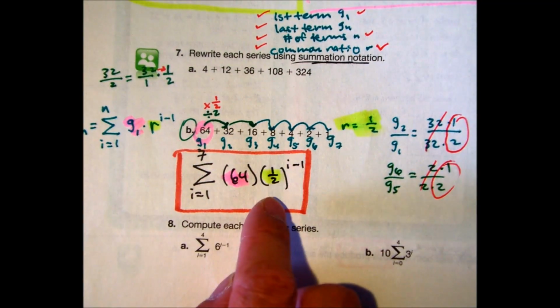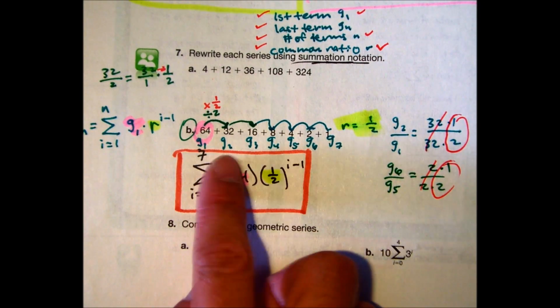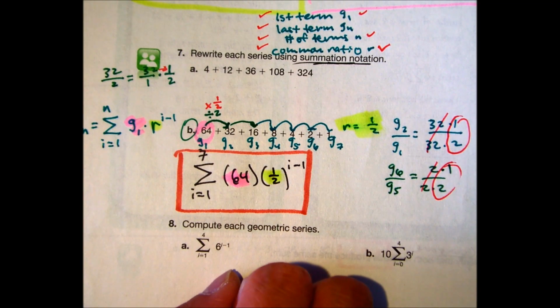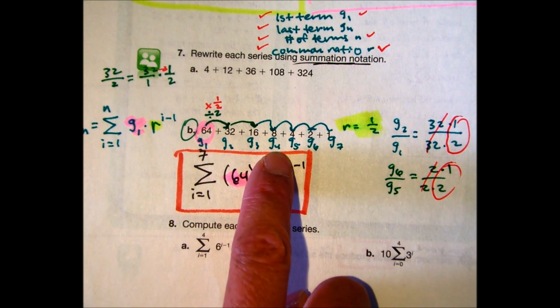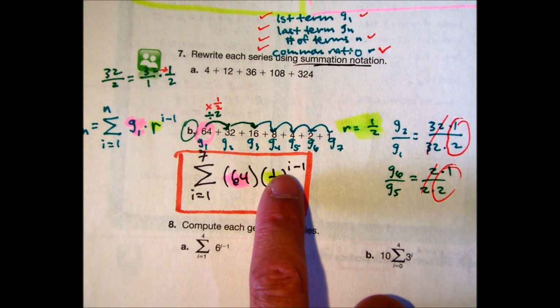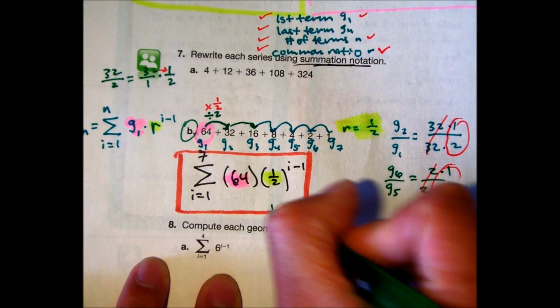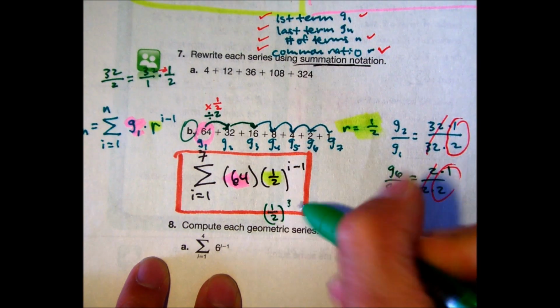Angelique, can you pick a number for us between 3 and 7? 4. It says G4, which means it's the 4th number in the list. i is equal to 4. Class, what is 4 minus 1? So it's basically saying 1/2 to the 3rd power.